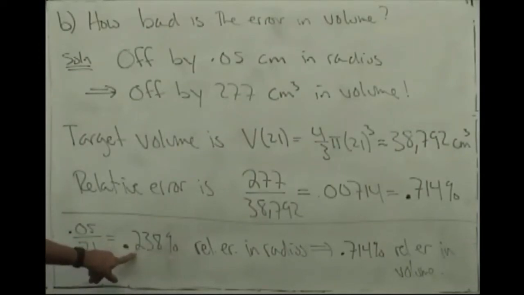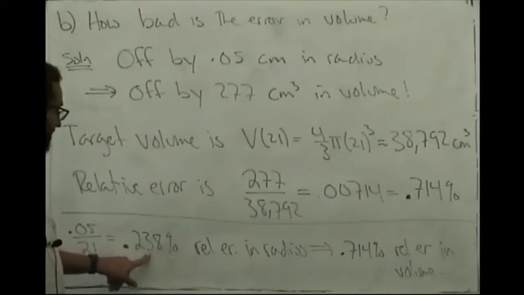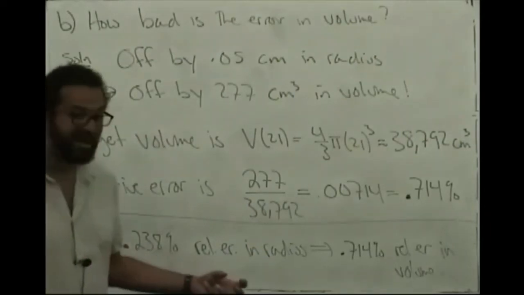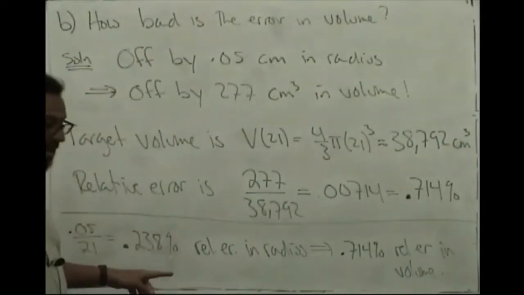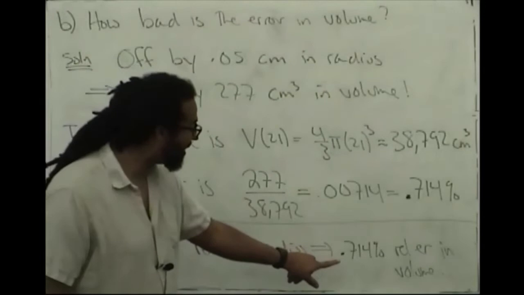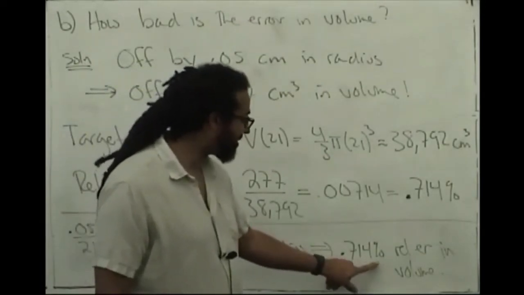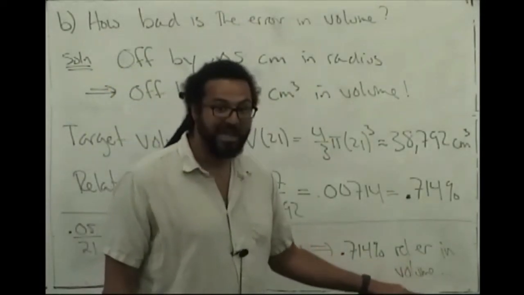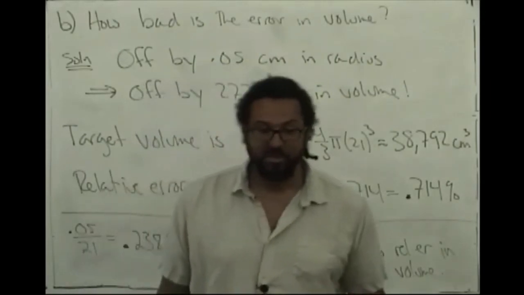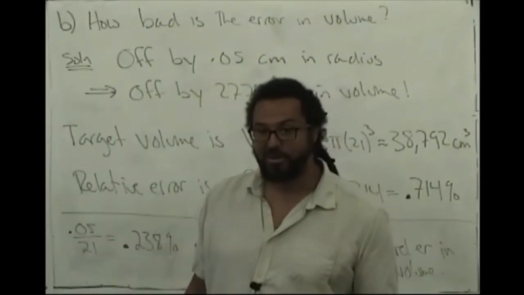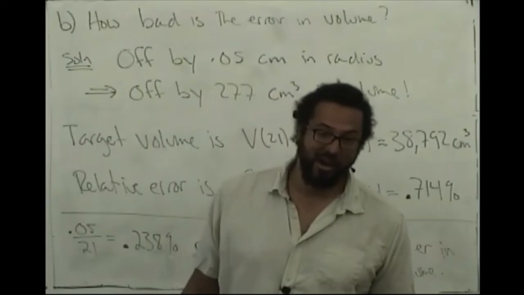So 0.2% is the relative error in the measurement of the radius. And now that's going to cause a 0.714% relative error in the calculation of the volume. So really, that's not the end of the world. That relative error is not so bad.